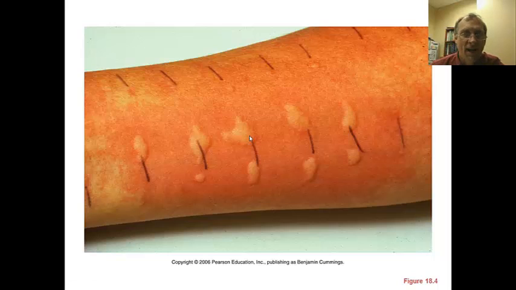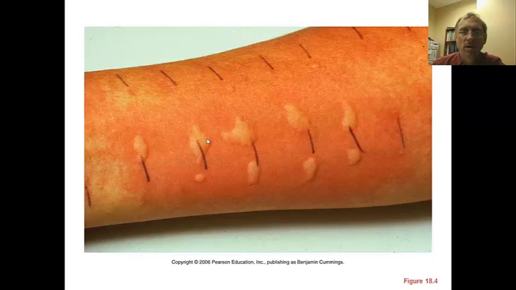If the patient has circulating IgE antibodies which are able to recognize and bind to that antigen which has been put under the skin, this results in the movement of inflammatory cells like basophils under the skin, the release of inflammatory mediators like histamine, causing a localized inflammatory response.